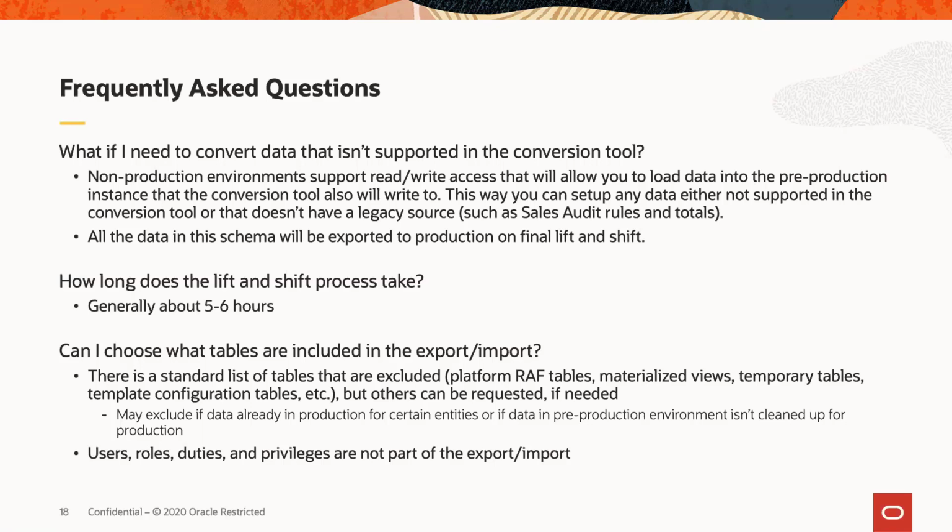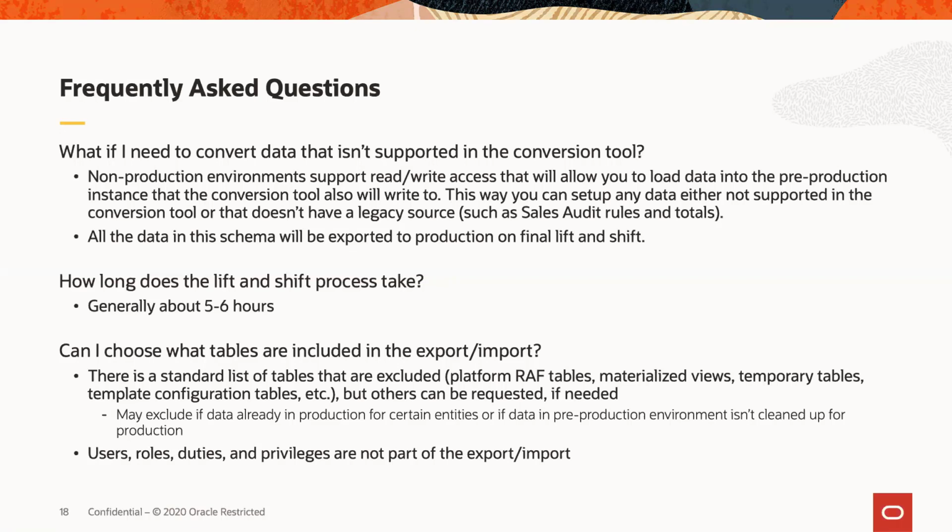Another question that's come up a few times is, can I choose what tables are included in the lift and shift, or that export from pre-production into production? There is a standard list of tables that the cloud operations team excludes. A lot of the seeded data that's set up in advance in merchandising as part of our platform, sometimes referred to as the RAF tables, materialized views, temporary tables, things like that are automatically excluded in the lift and shift.